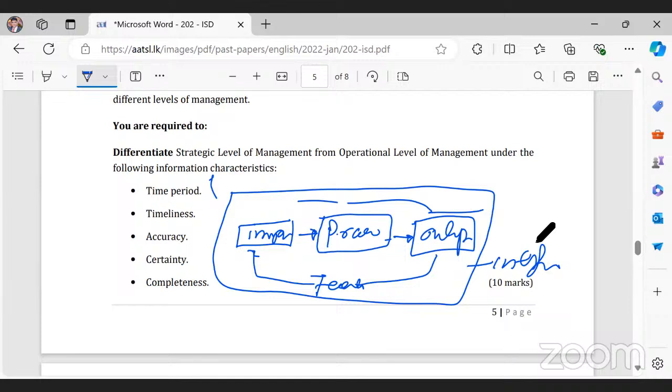You just check your study text. I have given those.